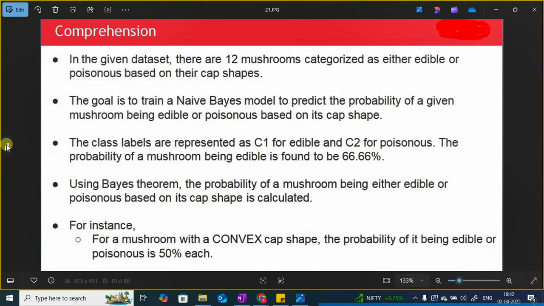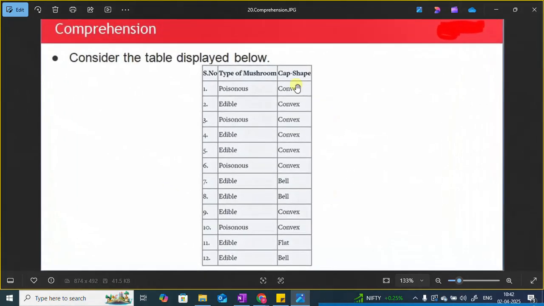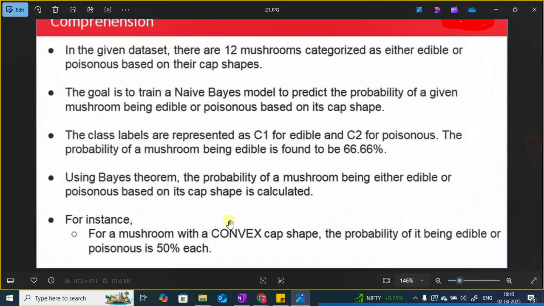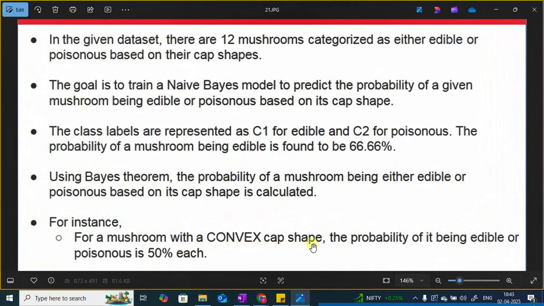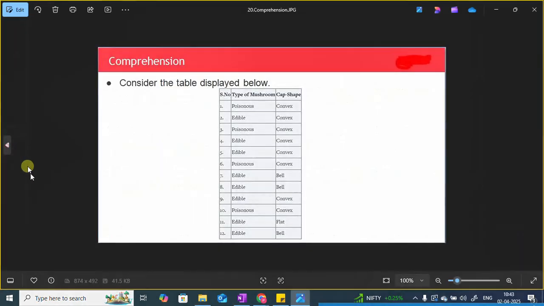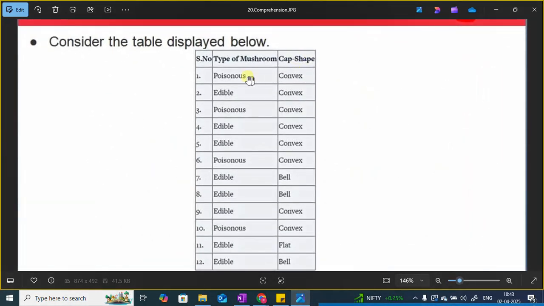each. Because if you count, let's say convex: one, two, three, 4, 5, 6, obviously 7, 8, and the rest are bell. But if you look at edible and poisonous, a mushroom with a convex cap shape, the probability of being edible, right? Convex and edible. Here convex, not edible. Here convex, edible. One, two, three.